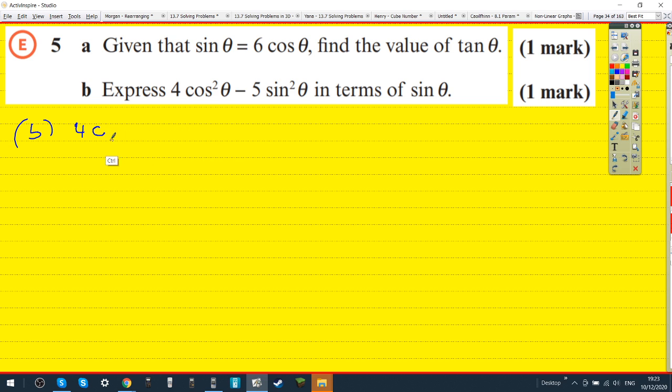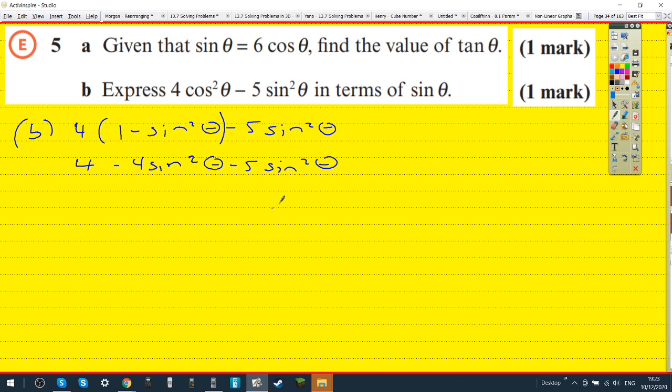Yes. And then you multiply everything in the brackets by 4, and then simplify. Which would be 4 minus 4 sine squared theta minus 5 sine squared theta.